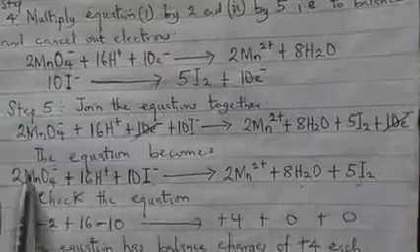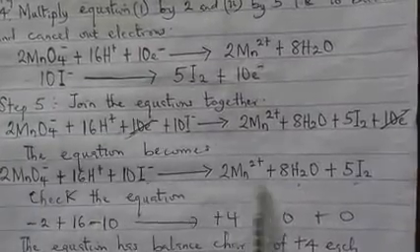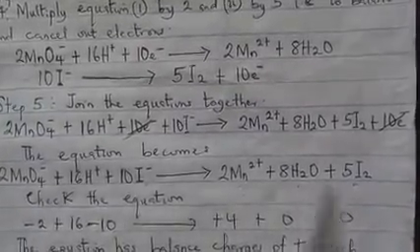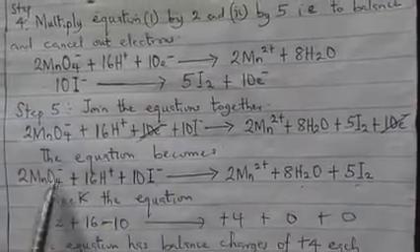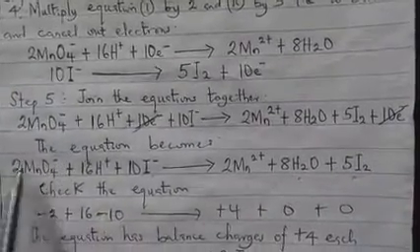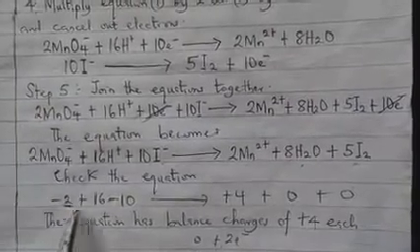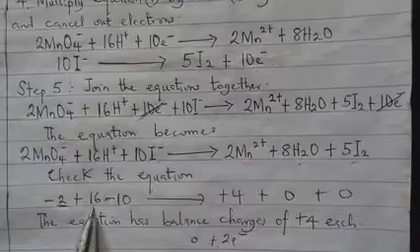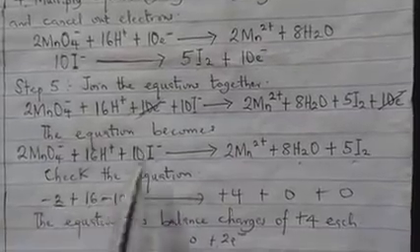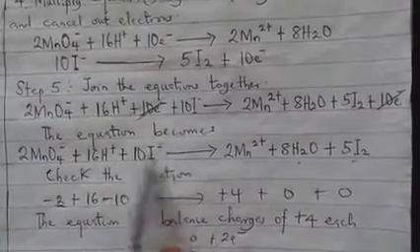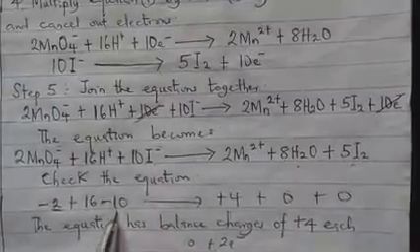We now want to check whether this equation is a balanced redox equation. When you look at this, we must check from here. This one is minus 1 times 2. That's how I got my minus 2. We want to check the number of charges. Plus 1 times 16, that's why it is plus 16. This one is minus times 10, that's minus 10.